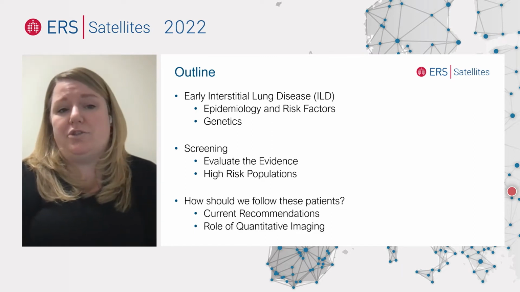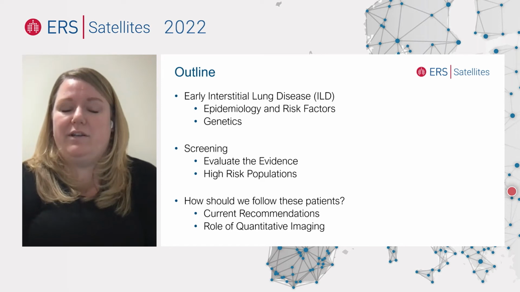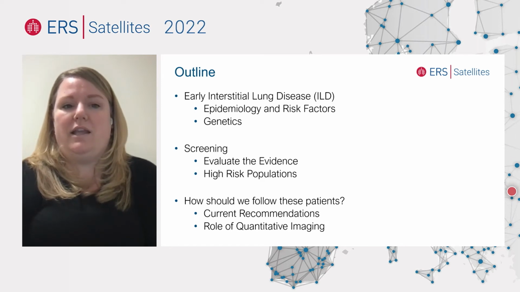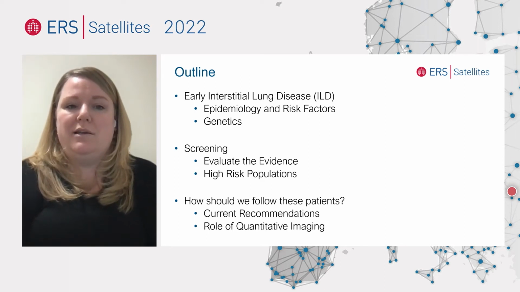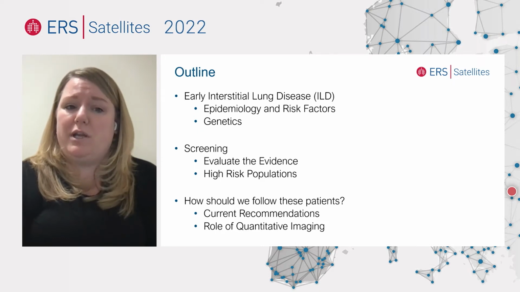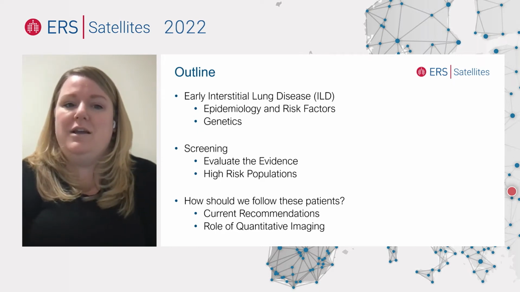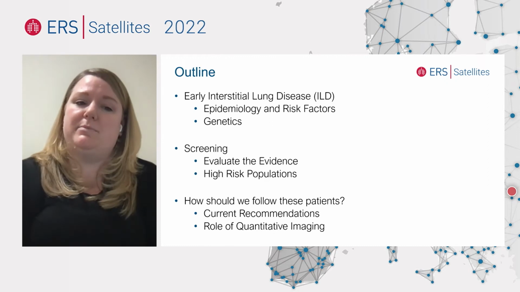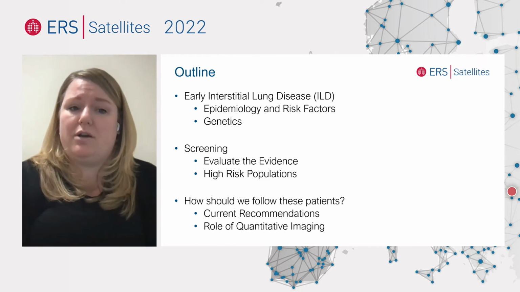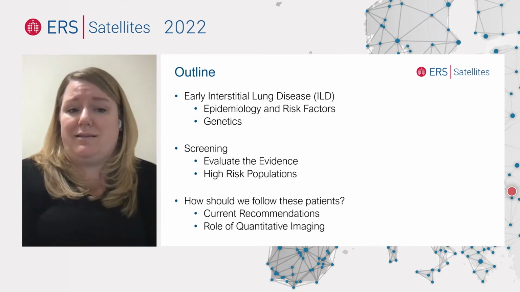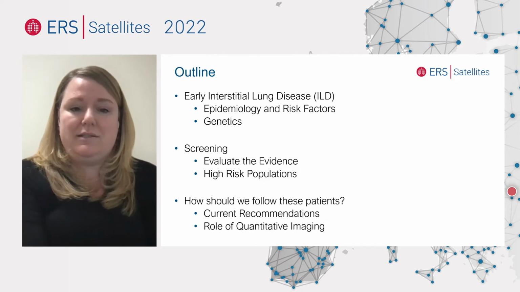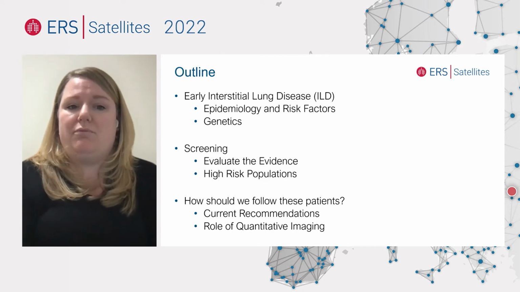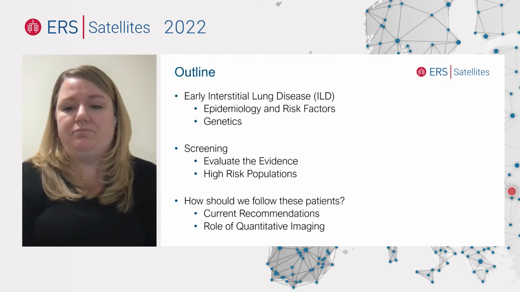We're going to move a little bit into screening and evaluate the evidence that exists, and again think about how we can formulate a population that we should be screening, if we should be screening at all. And then talk about how we should follow these patients, what the current recommendations are, talk a little bit about the data that exists and the data that I wish existed, and the role of quantitative imaging.